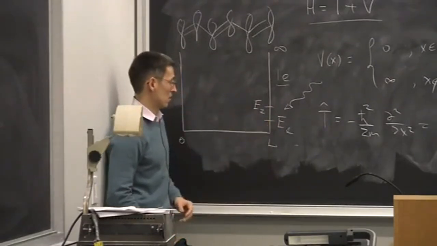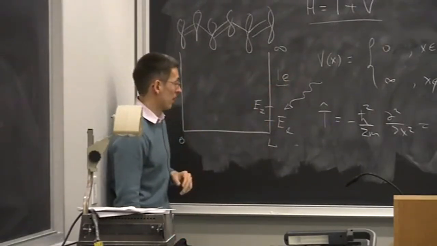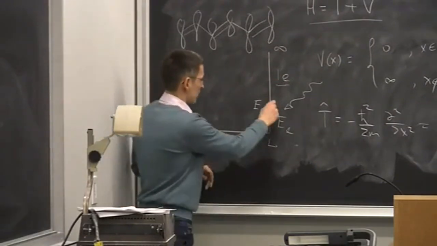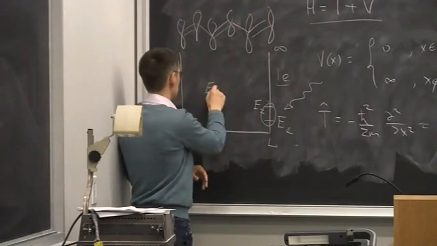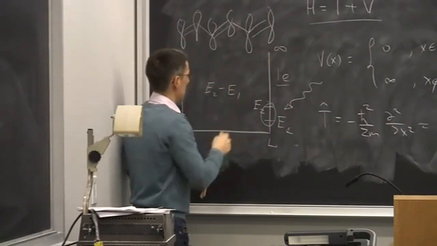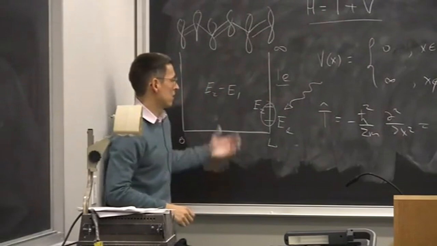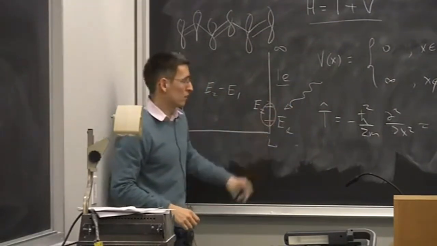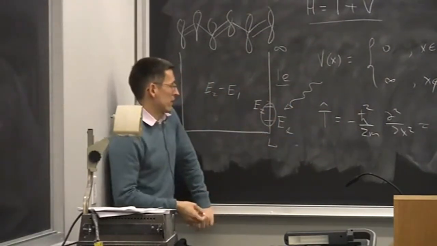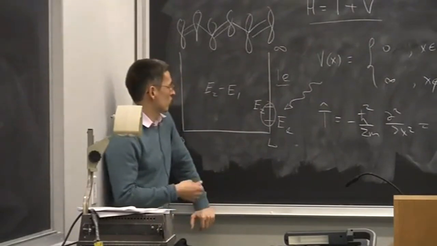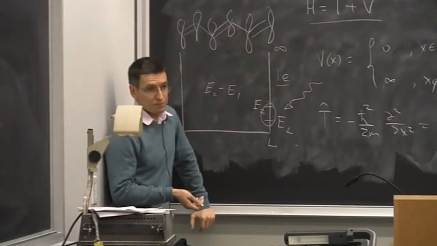Both levels will be solutions of the eigenvalue problem that we'll solve. The energy difference E2 minus E1 will correspond to the energy of light that will be absorbed. That way you can figure out the color of the compound.